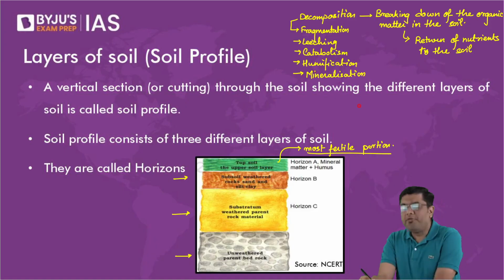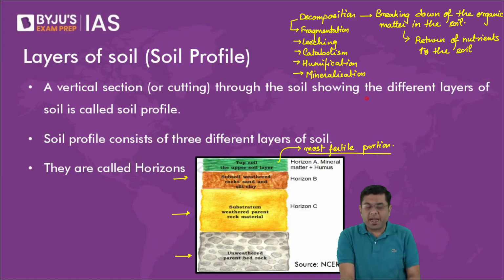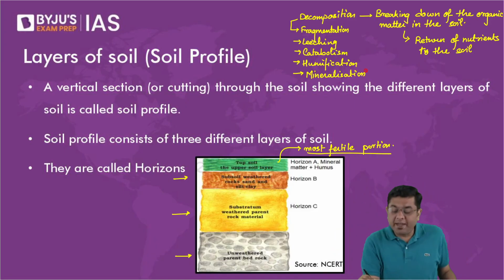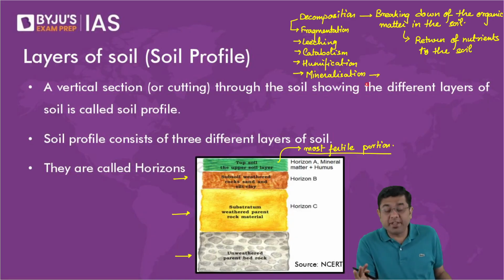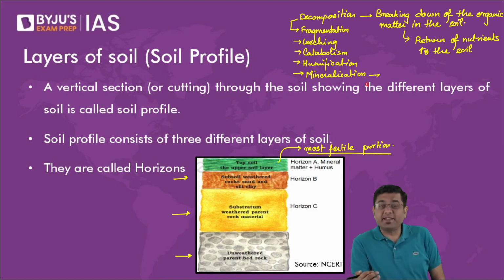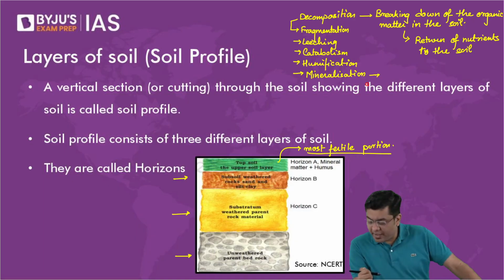All these are the various stages of decomposition. At the end of this entire process, no organic matter is left. Everything is returned as inorganic nutrients such as carbon and nitrogen. No organic matter is left behind.